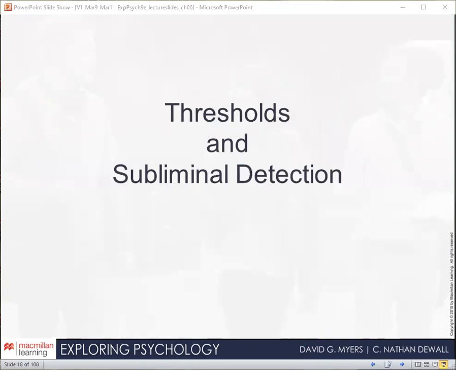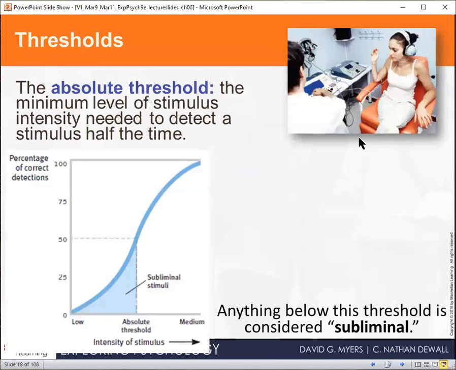Now let's talk a little bit about thresholds and subliminal detection. Thresholds. First, let's start off with an absolute threshold. The absolute threshold is the minimum level of stimulus intensity needed to detect a stimulus half the time.